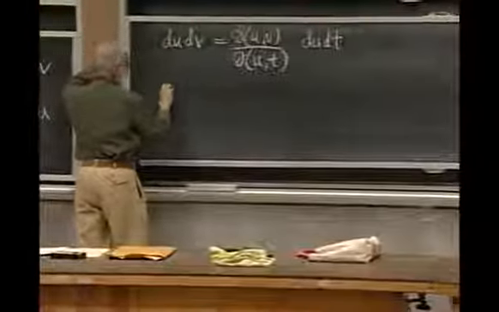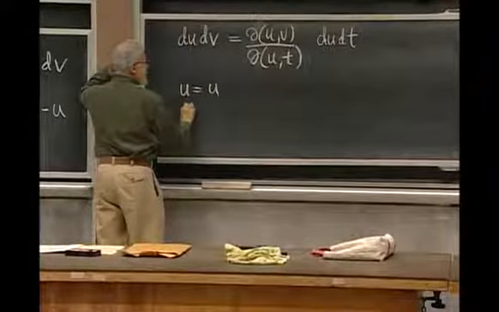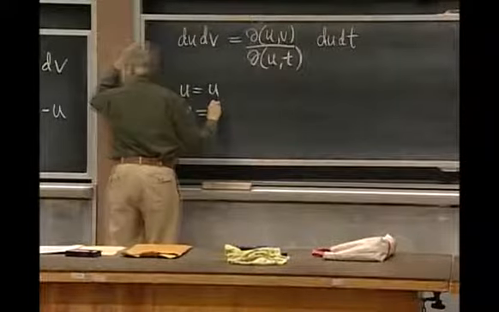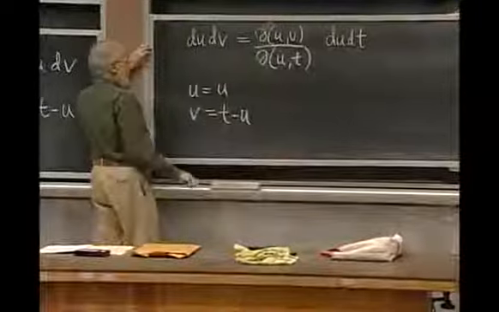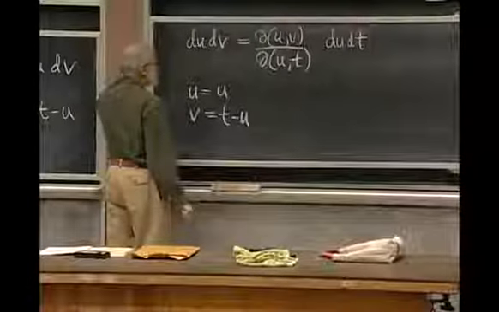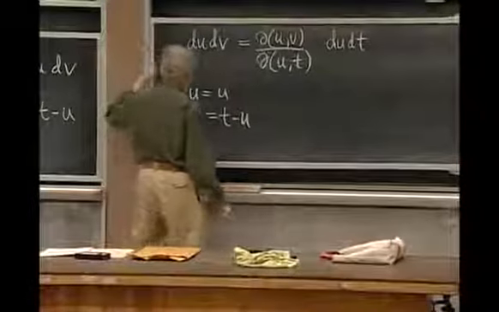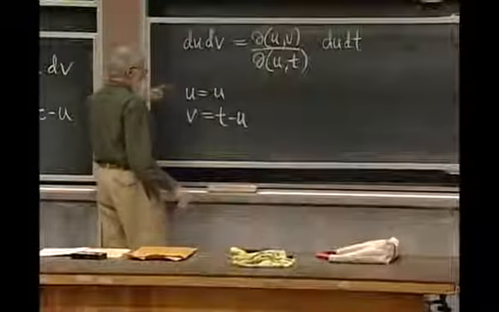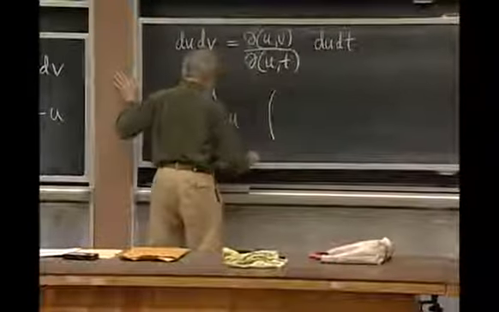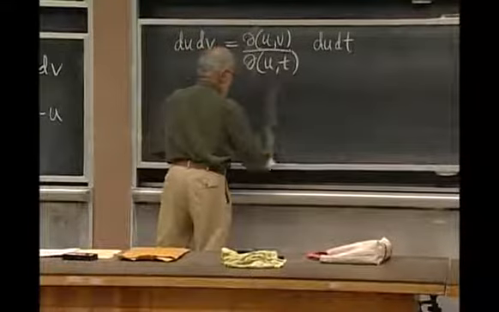So to calculate that, you write u equals u, v equals t minus u. And then the Jacobian is the determinant of partial derivatives.